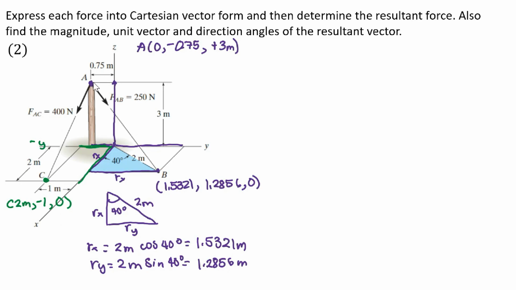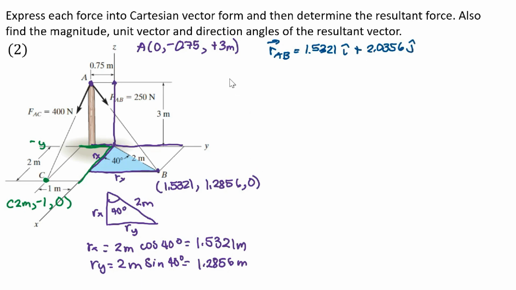So let's determine first the force vector of force AB. To determine the force AB, we will get the position vector AB first, that is B minus A. So that is 1.5321 minus 0, that is 1.5321 i hat. Next is 1.2856 minus negative 0.75, so that will be positive 2.0356 j hat.